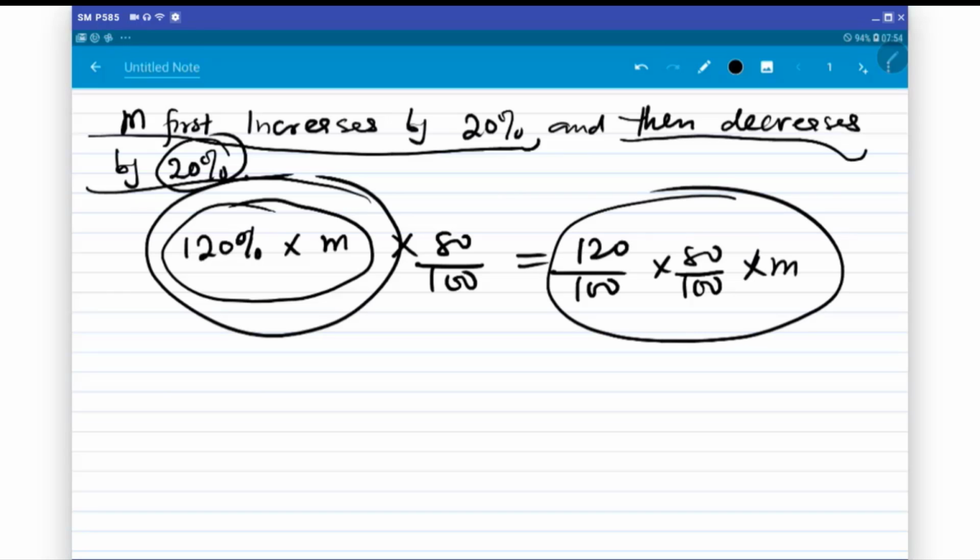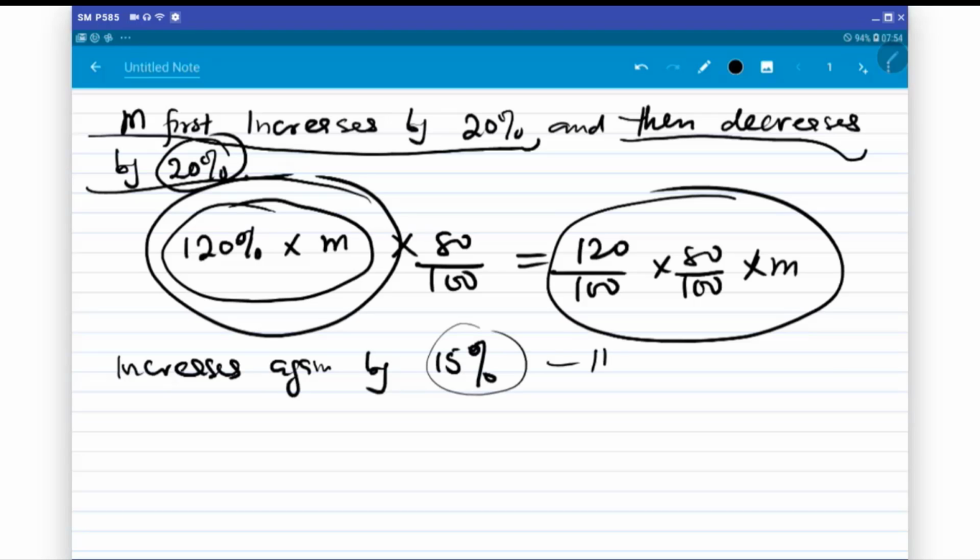If we have another one that says maybe increases again by maybe 15%. What does that mean? That means we add 15% to 100%, giving us 115%. So this is a new value now after these two changes, and it's now 100% on its own.